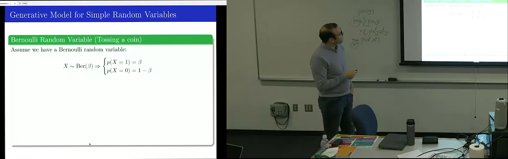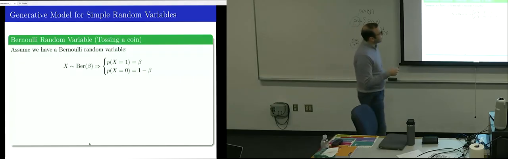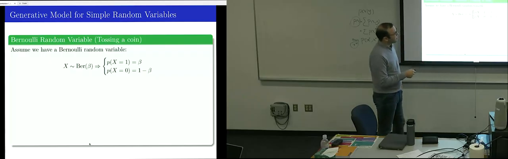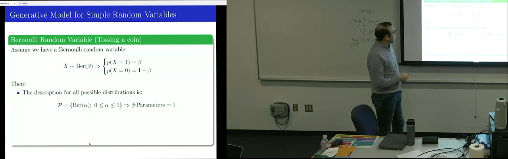So, assume we have a Bernoulli random variable, and this Bernoulli random variable can be denoted by this notation. The beta parameter shows the probability of the Bernoulli random variable being 1, and 1 minus beta is the probability of being 0.